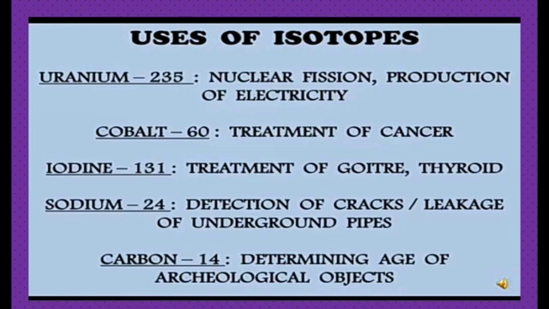Iodine-131 is used in the treatment of goiter and thyroid. Sodium-24 is used for detection of cracks and leakage of underground pipes. Carbon-14 is used for determining the age of archaeological objects.